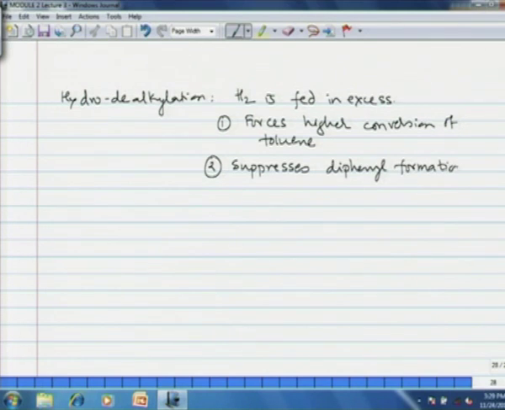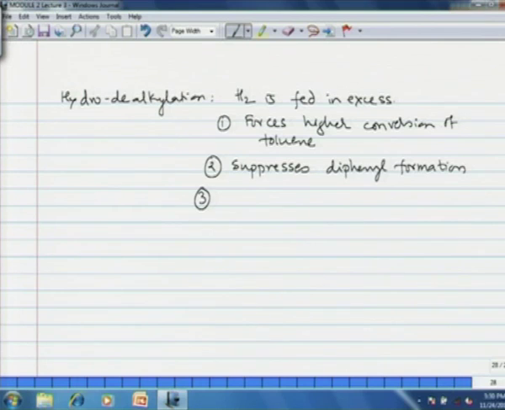Now, in some cases decomposition may occur, like if the temperature exceeds 1300 degrees Fahrenheit, then toluene may undergo decomposition and the coke that is formed may deposit on the reactor wall. Hydrogen helps in burning of that coke.